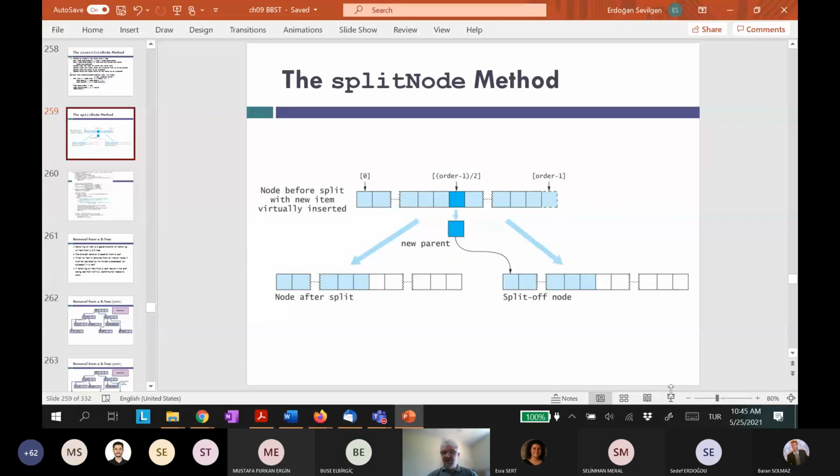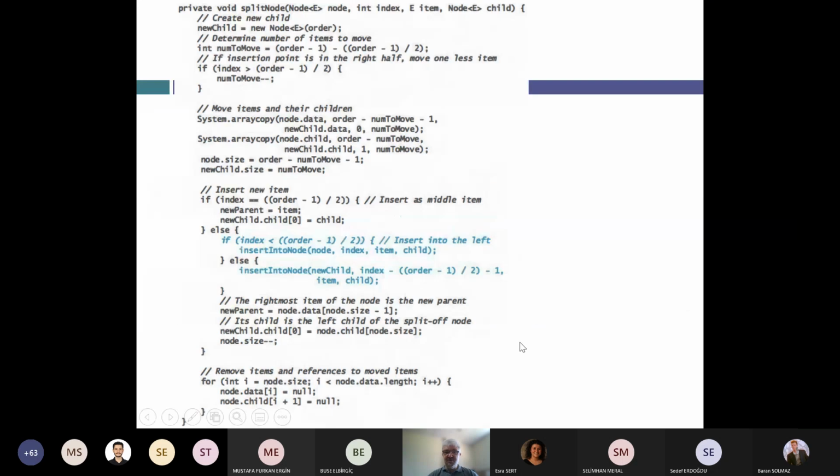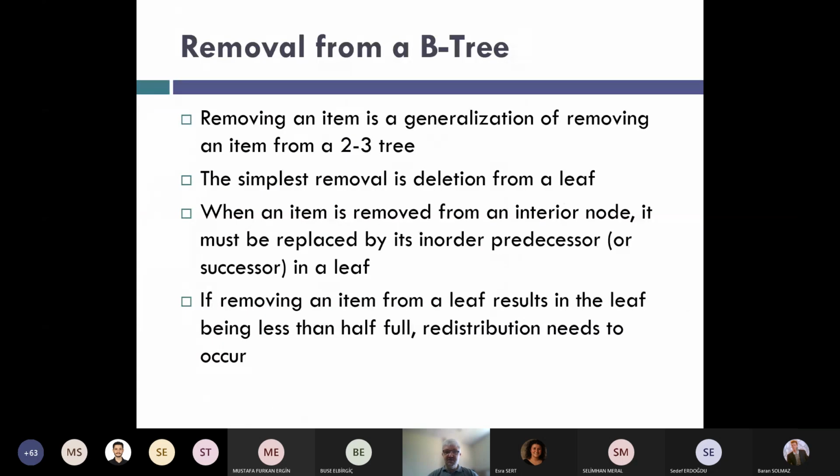Okay, we have already talked about the insertion operation. Remember, insertion grows the tree from the root, not from the leaves, in a B tree. And removal is also a generalization of the remove operation on 2-3-3 trees.